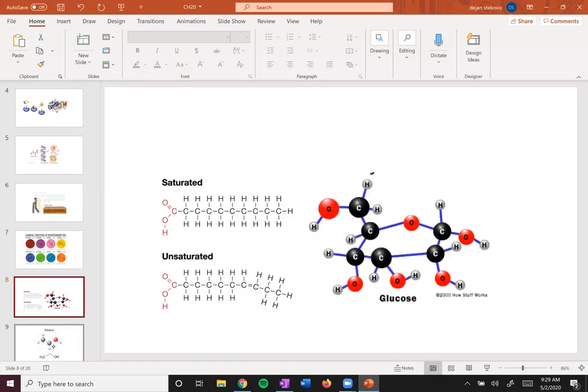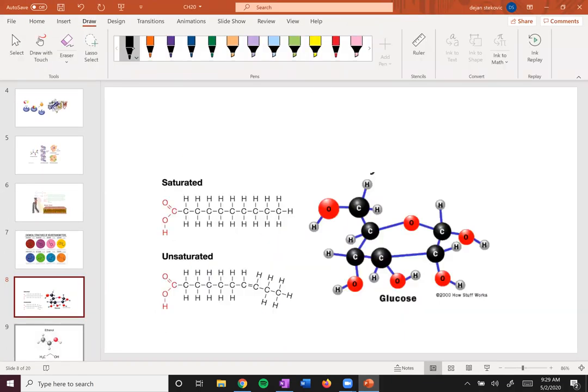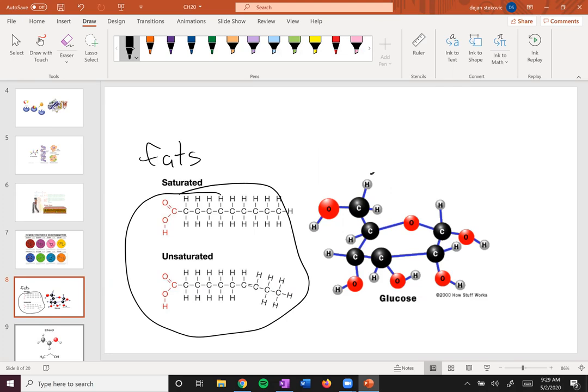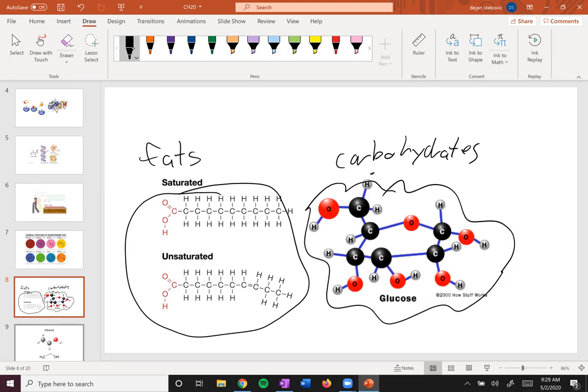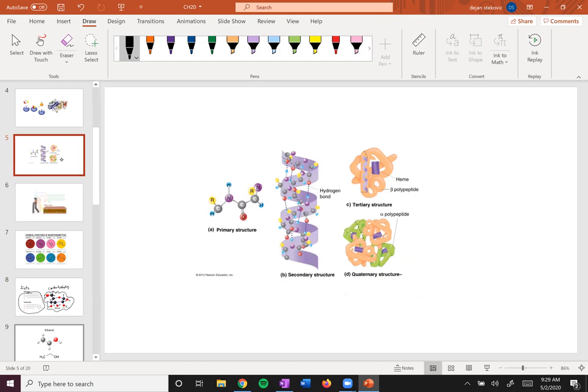And then if you think about what you eat, a lot of the macronutrients of what you eat are fats, which are shown over here. And as you can see, they're mostly carbon. You also eat carbohydrates, which, as you may have guessed at this point, are mostly carbon. And then the last thing you eat is proteins, and proteins are made out of amino acids, which again are carbon-based.